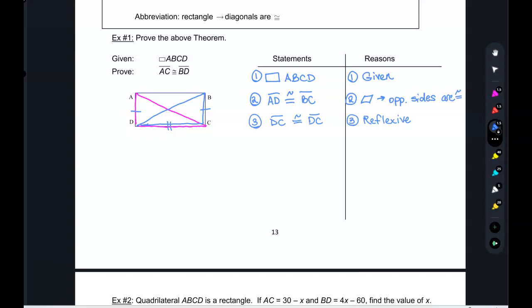We can get angle D congruent to angle C. But first of all, we have to say that they are what kind of angles? Right angles. So let's put that in. I'm going to use 3 letters: angle ADC congruent to BCD. Or sorry, we have to say they're right angles first.